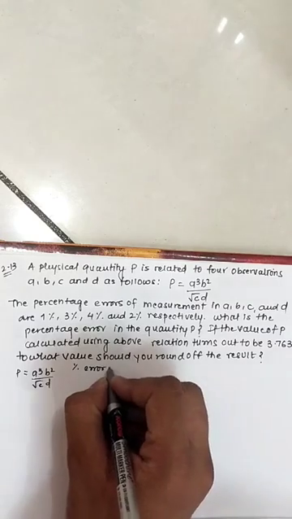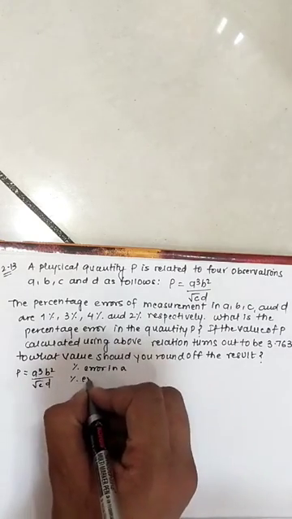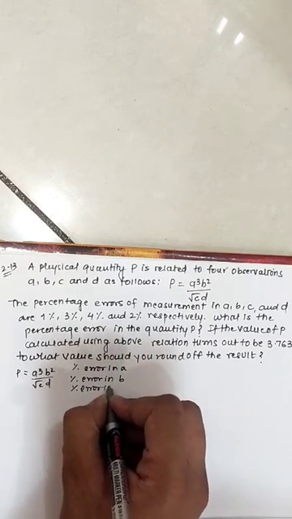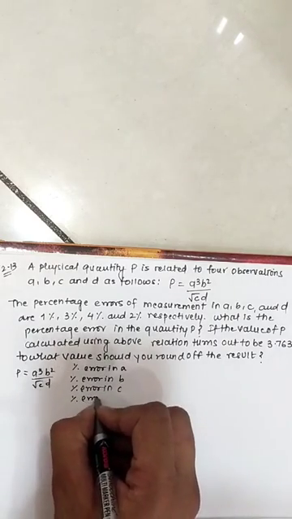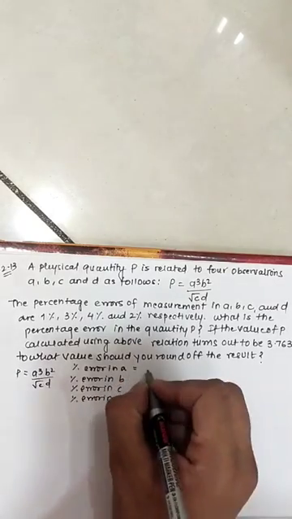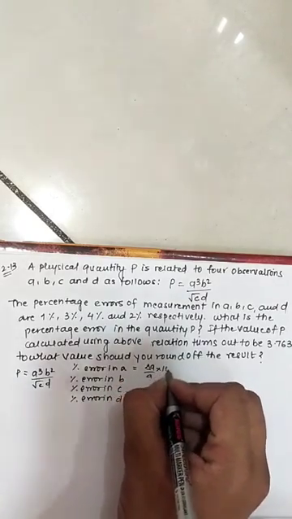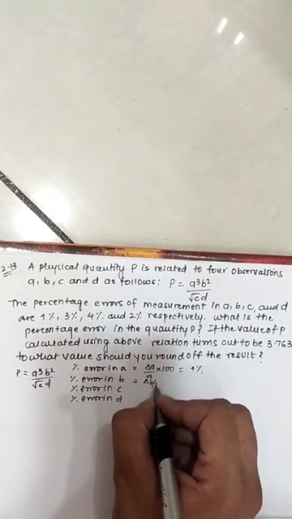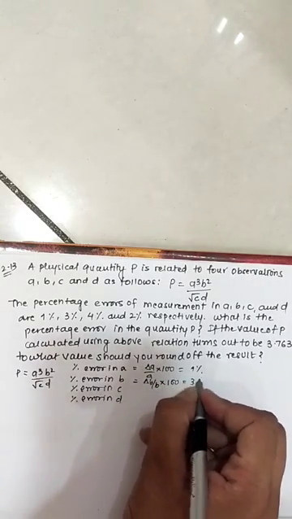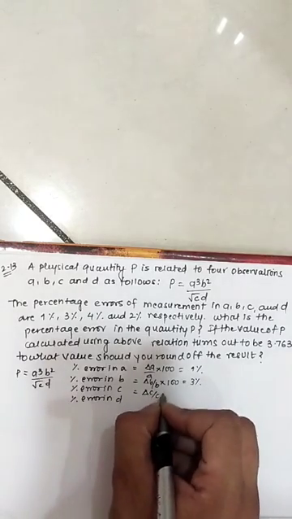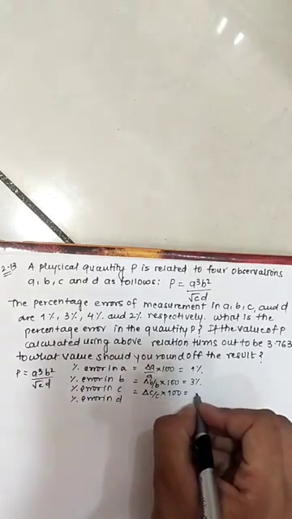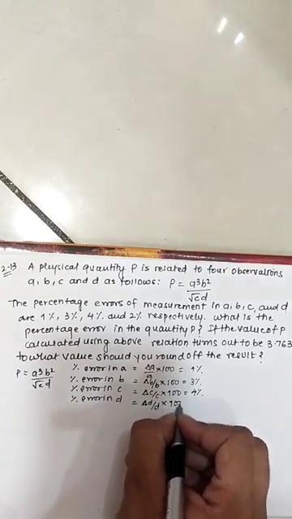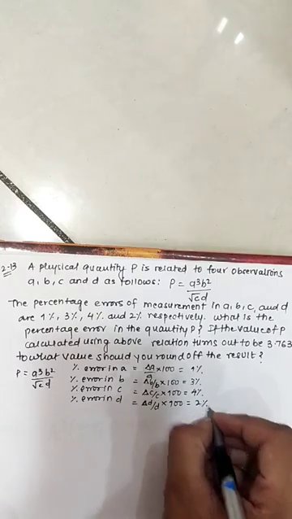Percentage error in A, B, C and D. Percentage error can be expressed as delta A by A into 100, that is 1%. Delta B by B into 100, that is 3%. Delta C by C into 100, that is 4%. And lastly delta D by D into 100, that is 2%. Till this clear?